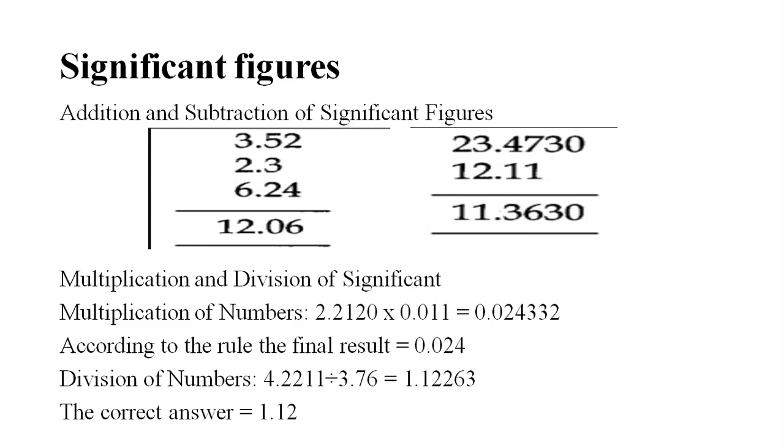The uncertainty in the experimental or calculated values is indicated by mentioning the number of significant figures. So significant figures means what? They are meaningful digits. Here we have taken the examples. Before going to the examples, I can discuss some of the things with you all.